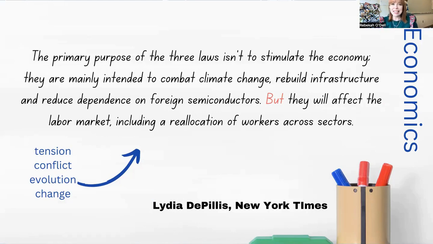So again, we get that synopsis, right? What is this policy or what are these laws about? Oh, combating climate change, rebuilding infrastructure, reducing dependence on foreign semiconductors. We see that list, right, that we saw in the Synopsis 101 move. But they will affect the labor market. There's some tension there, right? There's a little bit of this, but also a little bit of that.